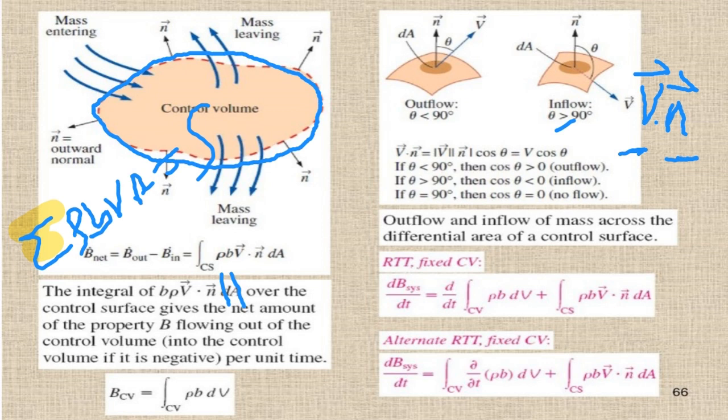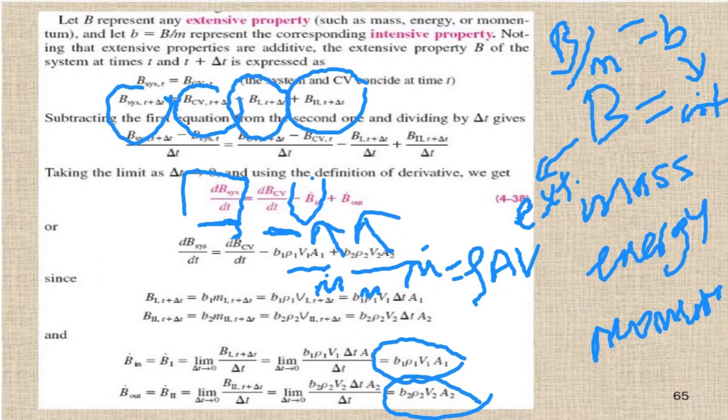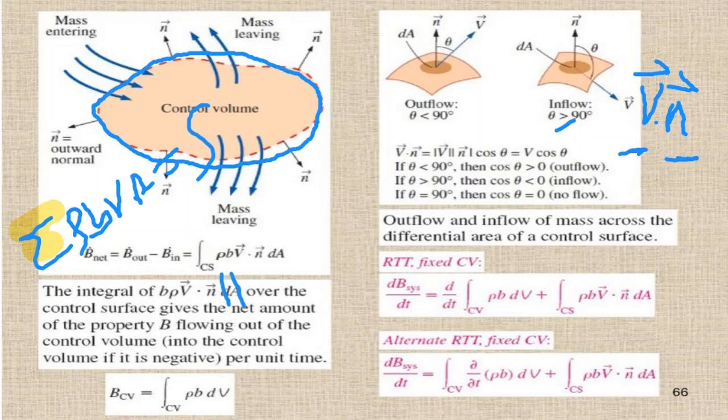How about the first part here? The first part can also be written as, the B can be written as rho times b times dV, because remember that small case b is B over m, and m is just rho times V. So you can combine everything inside this integral, and this integral will be performed over the volume.